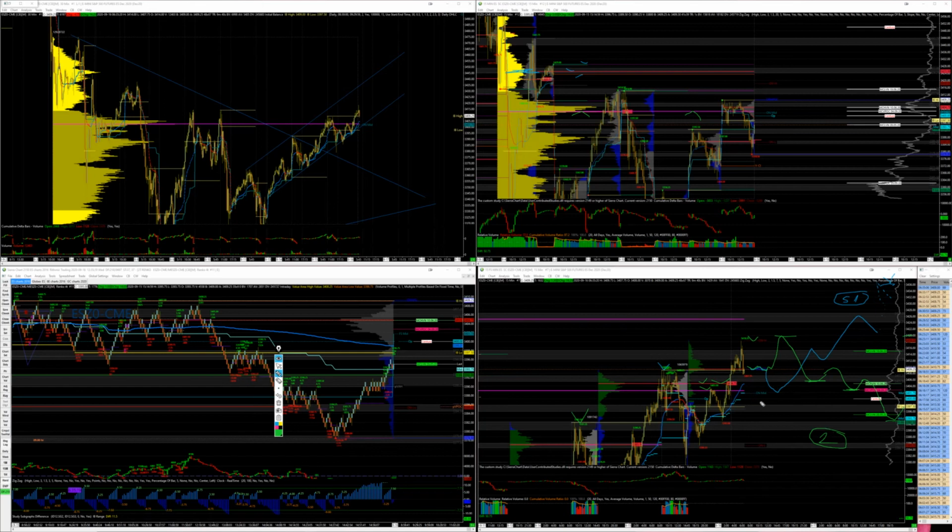Given it's FOMC day, which is at 2 or later in the day, that's at 1 o'clock Chicago time, the trade is expected to be choppy and slow throughout most of the day.